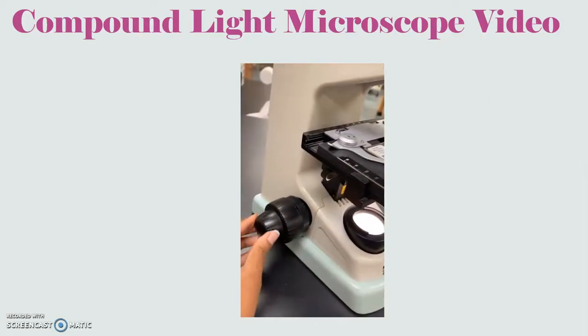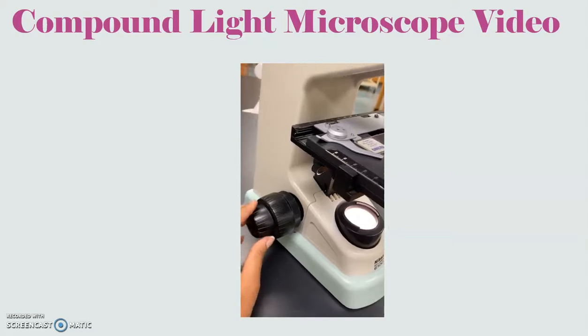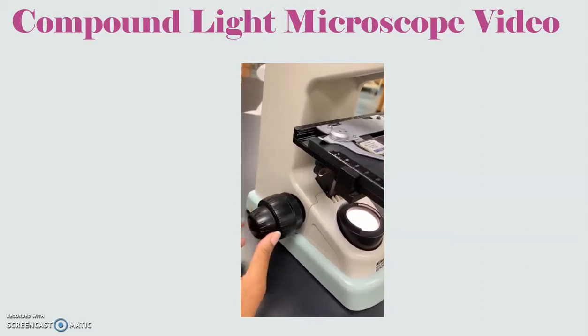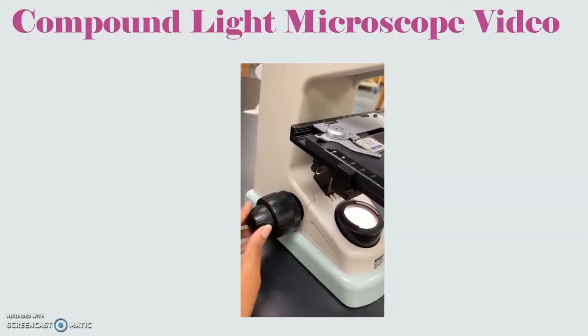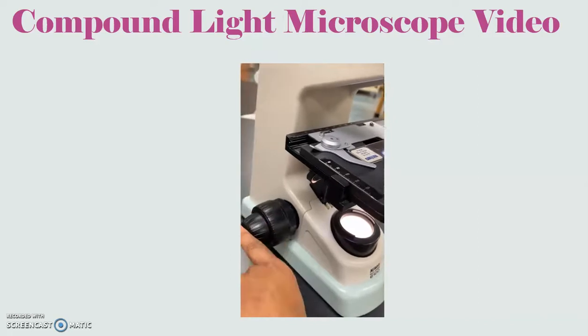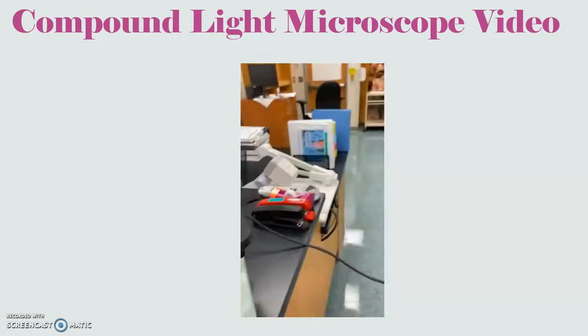Now, when you use the fine adjustment knob, the smaller knob, it rotates back and forth. It is going to bring the specimen into finer focus. More details can be seen with the fine adjustment knob. So the large knob is the coarse adjustment knob. The small knob is the fine adjustment knob, okay?